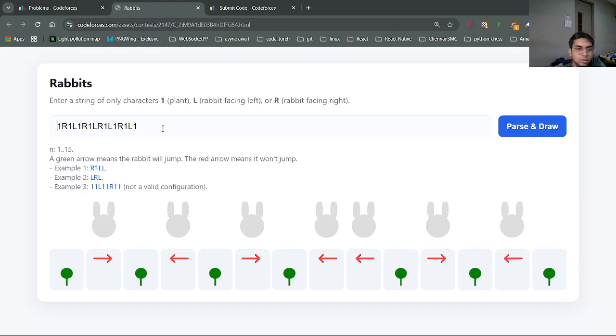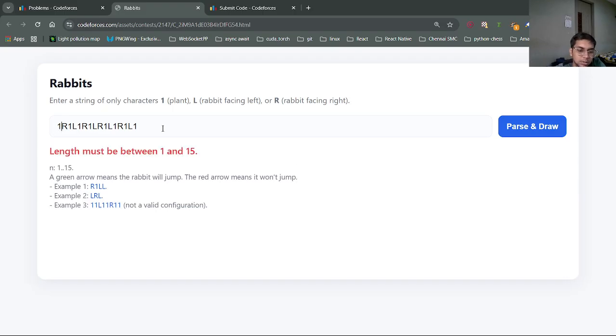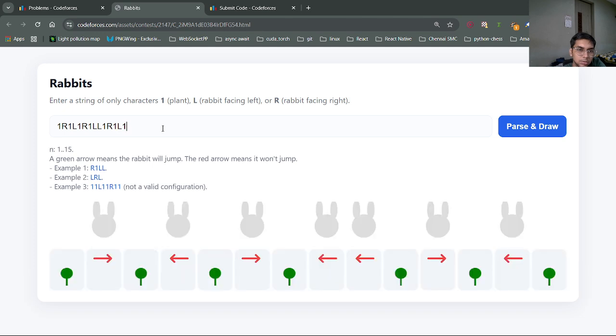Okay, yeah, so in this case we have 1, 2, 3 here and 1, 2, 3 here.